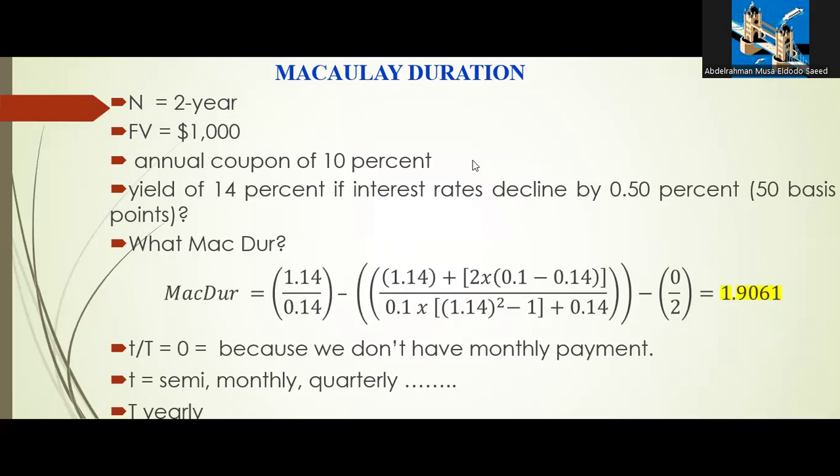Sometimes they use C for the annual coupon rate. And the yield to maturity, as we said the required rate of return, R, is 14%, declining by 15 basis points.